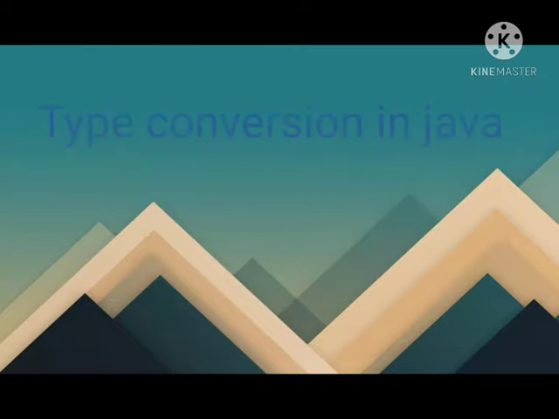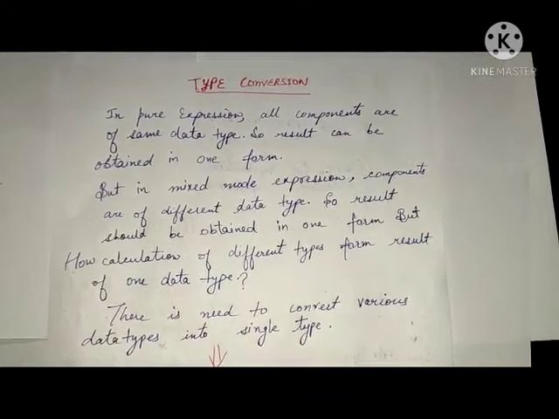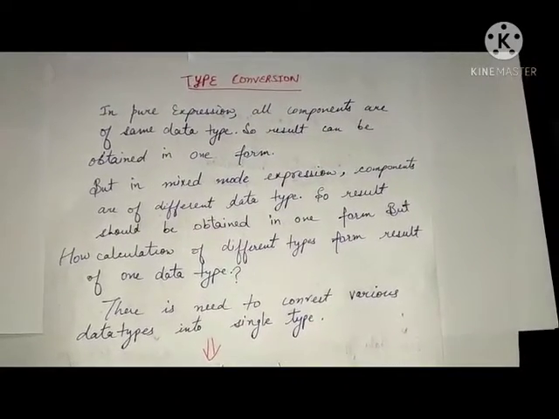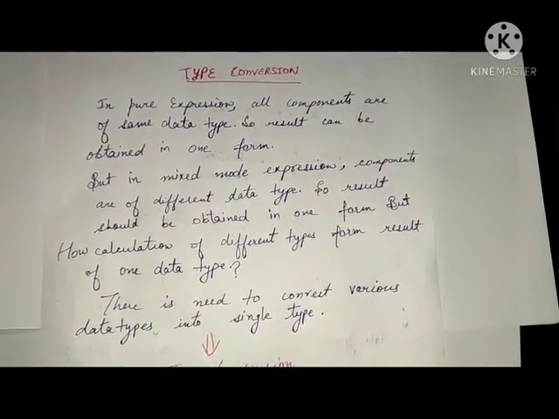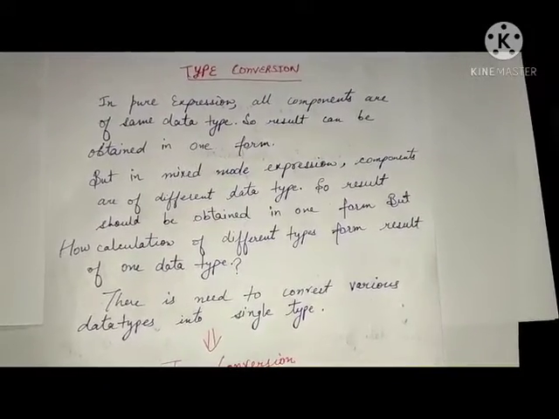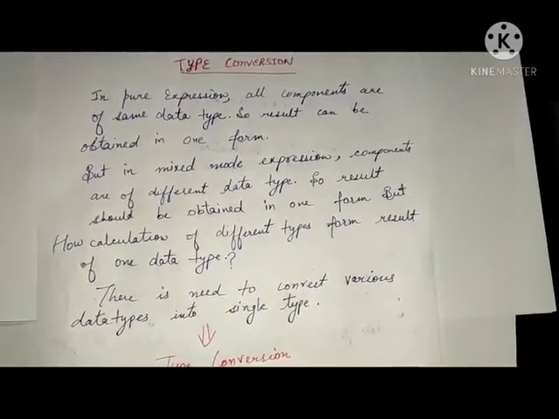Today we are going to start our next topic, that is type conversion in Java. In pure expressions, all the components are of the same type, so the result can be obtained in one form only. But in a mixed mode expression, one or more components are of different data types.